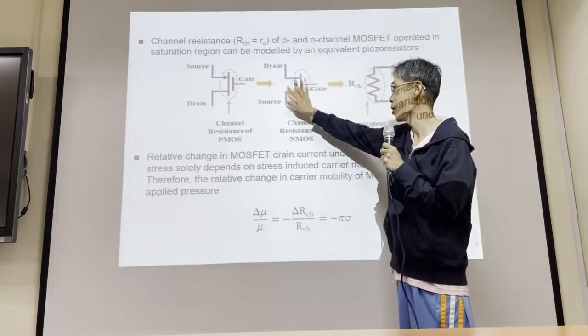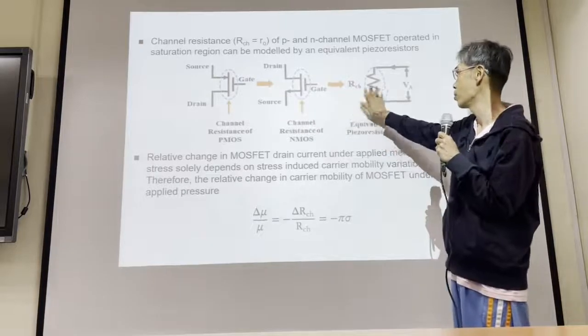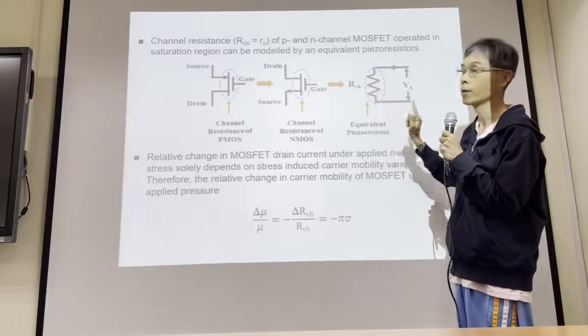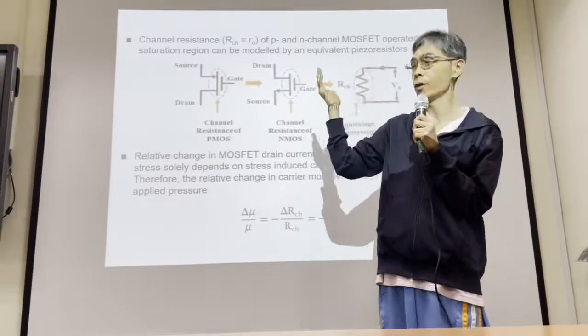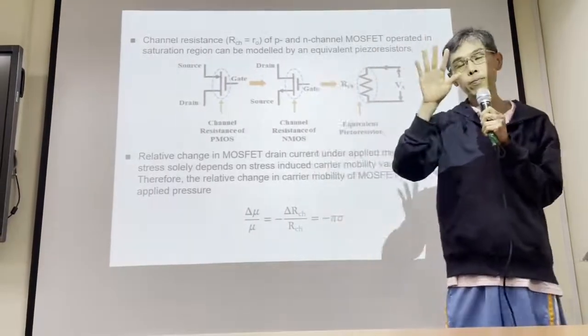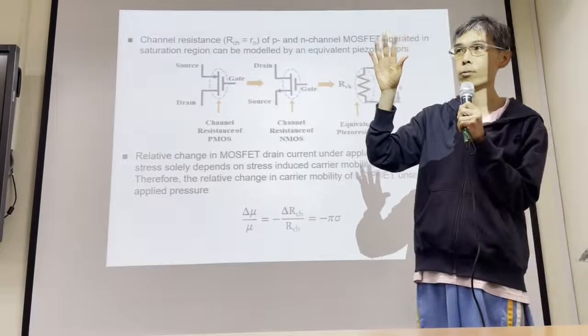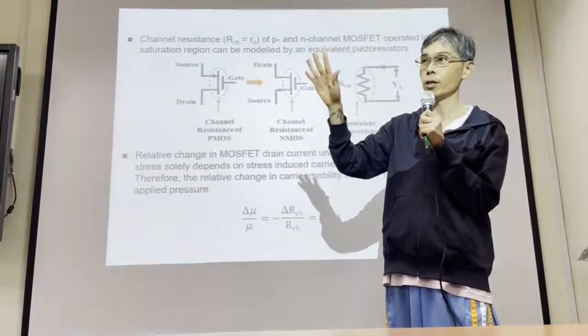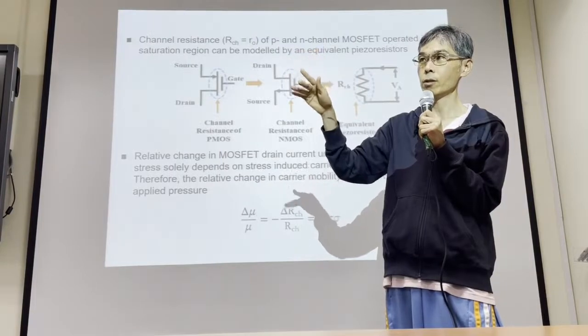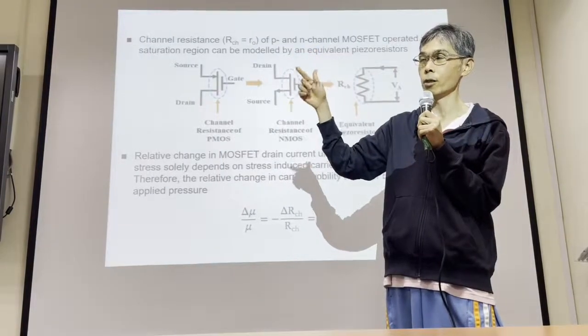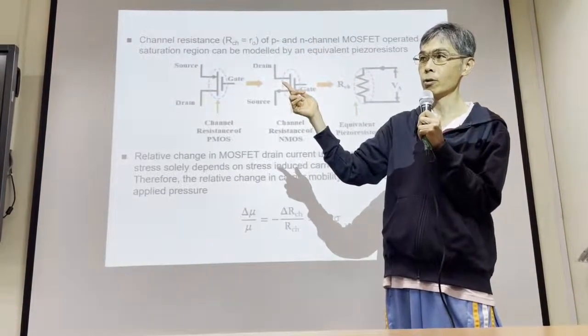So you can take this one as similar to a piezoresistor, because just what we know, pressure changes mobility, and mobility changes current. Then current change means we have resistance change. Okay, anyway.